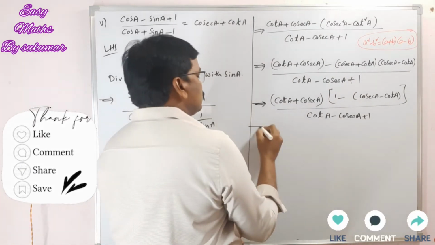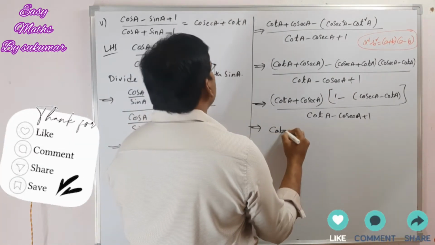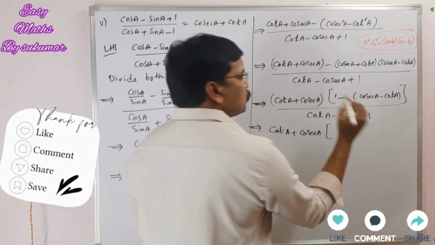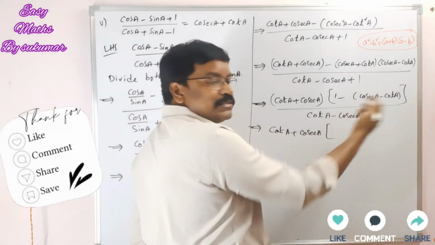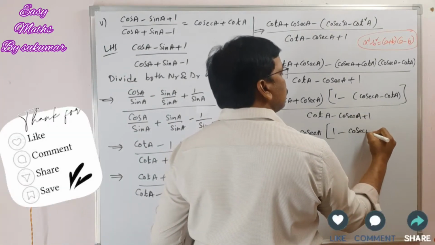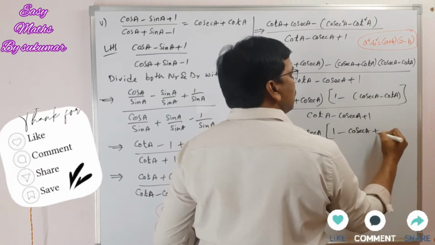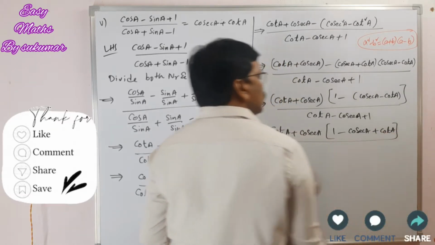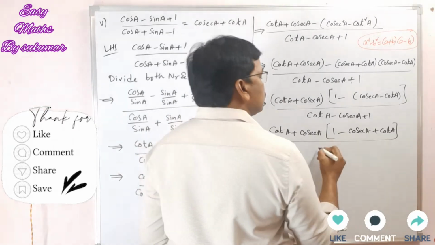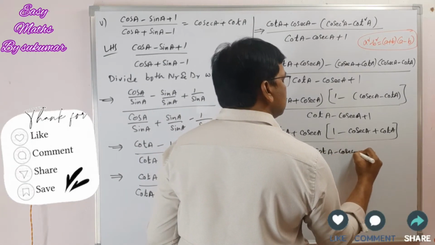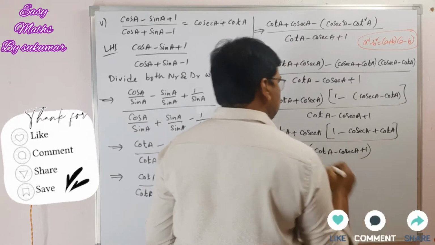Okay. So this implies cot A plus cosecant A, into, just multiply with minus here, that means 1 minus cosecant A minus into minus plus cot A, by what is in the denominator, that is cot A minus cosecant A plus 1, right?